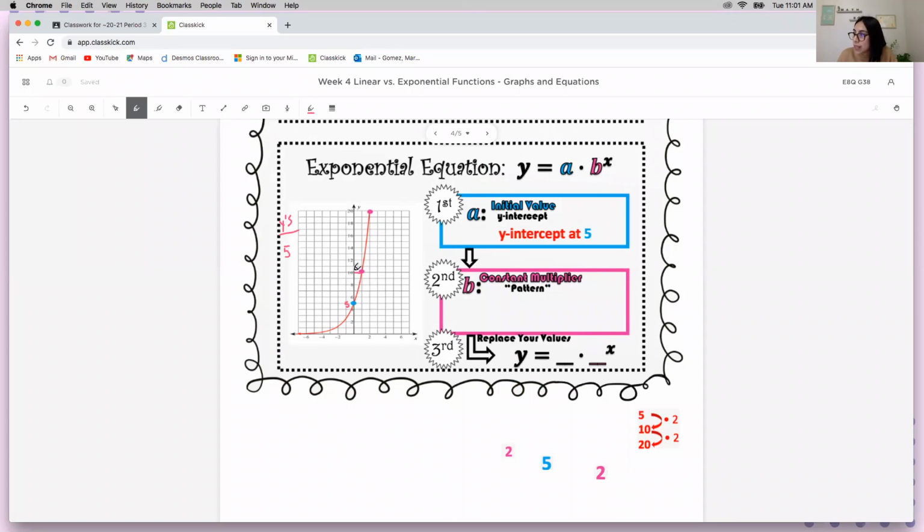Move on up. This y here is 10. Move on up. This y here is 20. That's where we get our y's. So we'll go ahead and take our y's, and we notice that our pattern was to multiply by 2 each time.